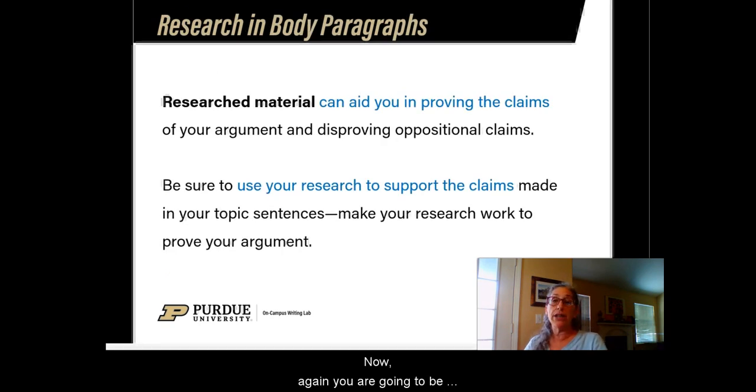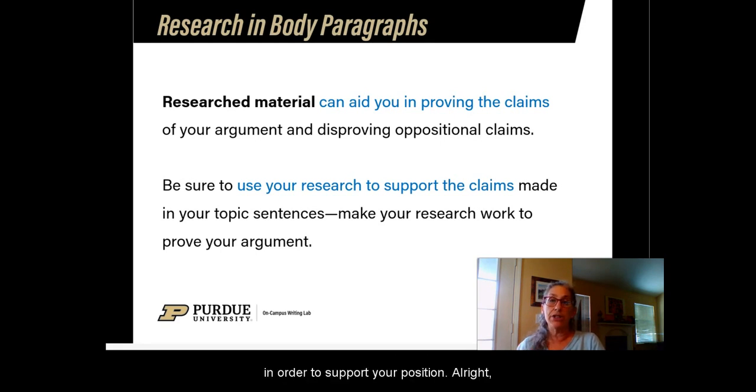Now, again, you are going to be using research sources that you find that are credible, that are well-known, reliable sources. The best sources come from the University of Phoenix Library and are scholarly. But if you are going to use the internet, make sure you are using sources that come from online magazines or news sources that everybody knows, that have been around a long time, that use expert opinions in order to support your position, all right?